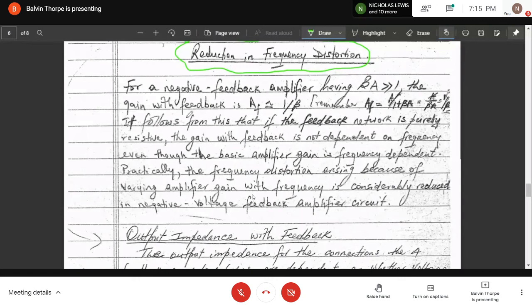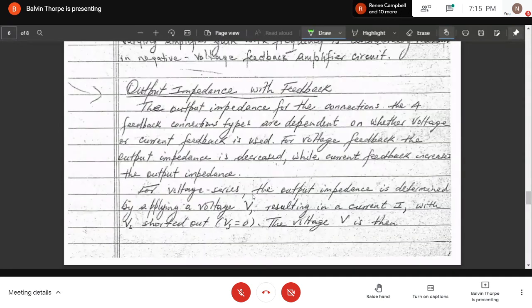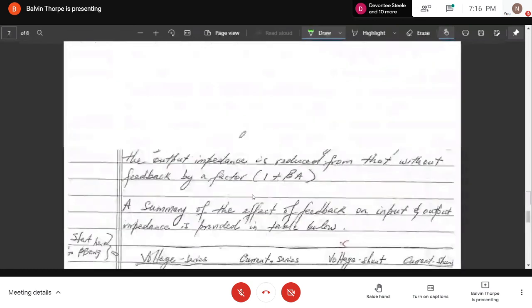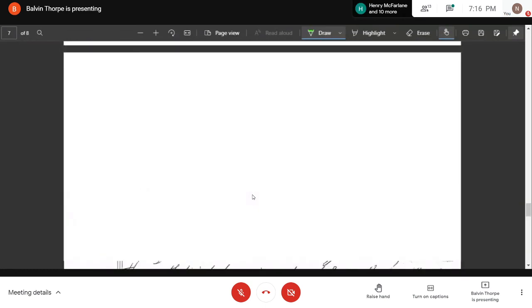And then finally, we said that the output impedance of an amplifier with feedback is going to reduce, which is what happens in the next page.